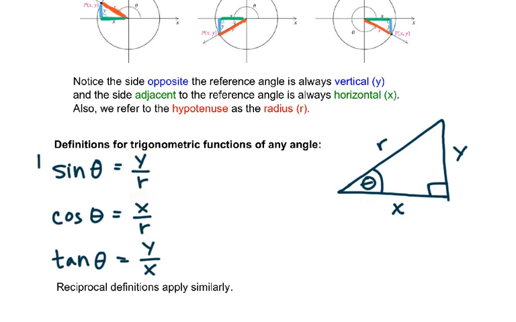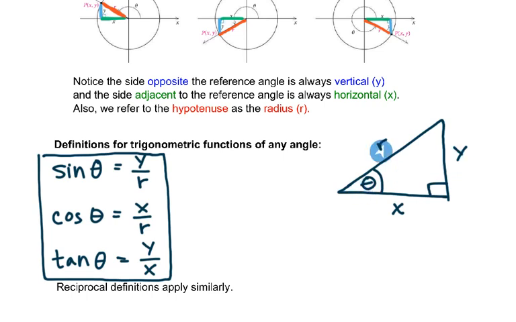So we want to remember these, and these are really the exact same three definitions we specified previously in this section. It's just we've written them differently. Sine is still opposite over hypotenuse. Cosine is adjacent to theta over the hypotenuse, and tangent is opposite theta over adjacent theta.